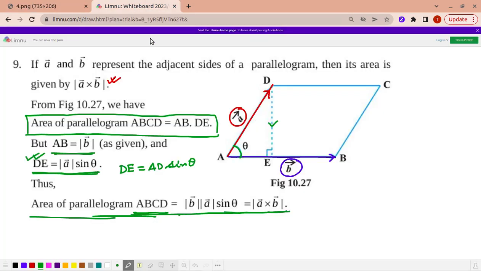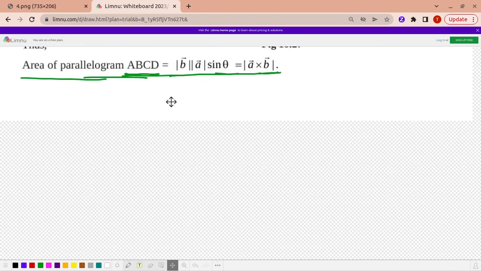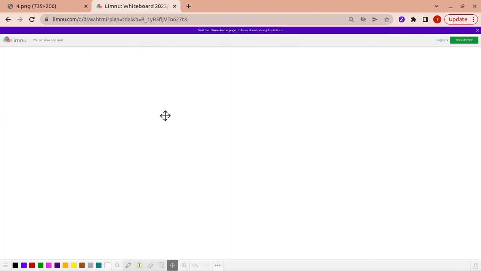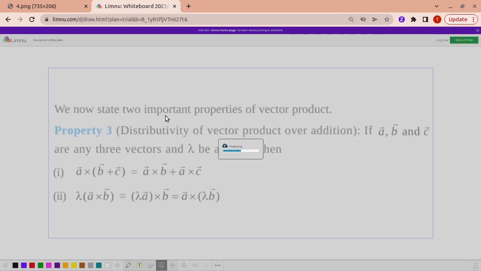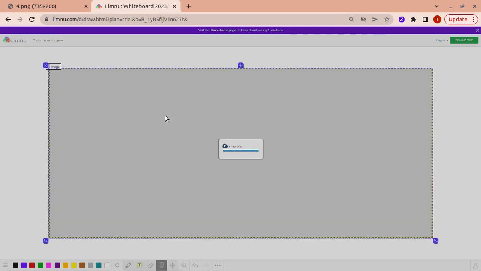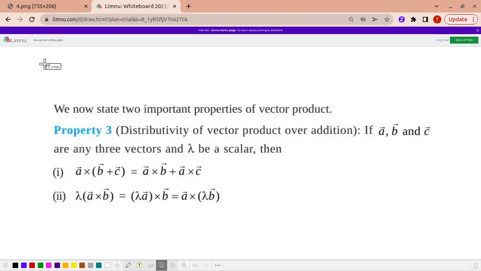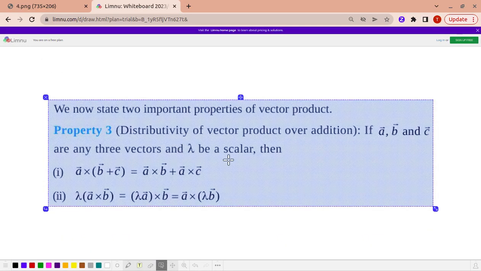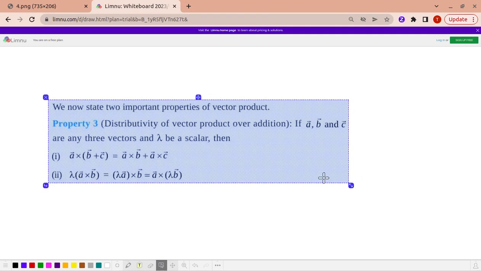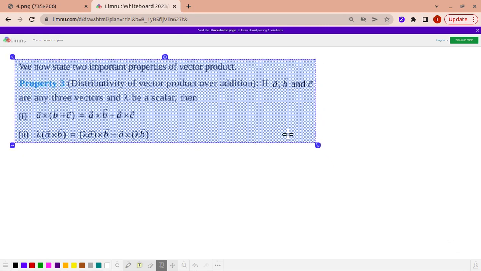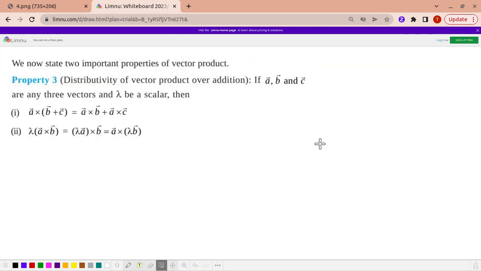These two properties are extremely important to solve numerical problems, but very fundamental properties. This kind of properties we have used in other mathematical topics. The first one is distributive and the second one is a scalar multiplied with a vector.